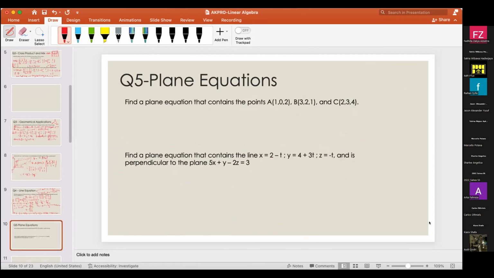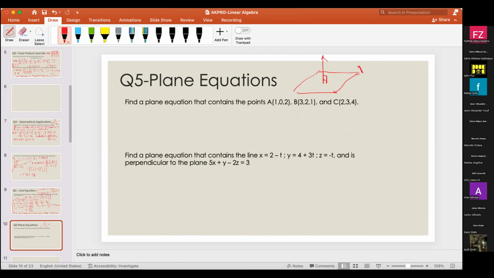Okay, so moving on, we're going to have a plane equation. Let's say the plane looks like this, and let's say this arrow here is the normal vector of the plane.